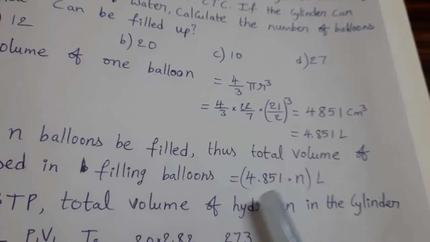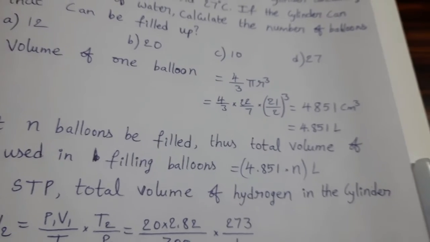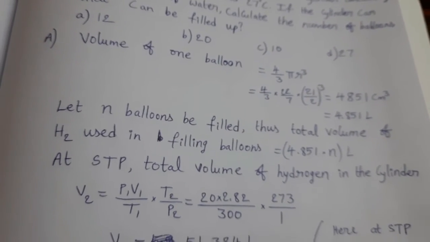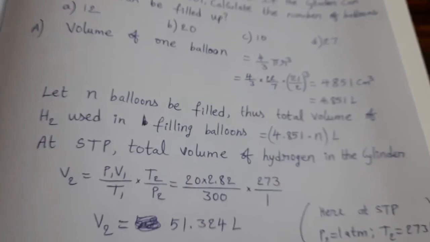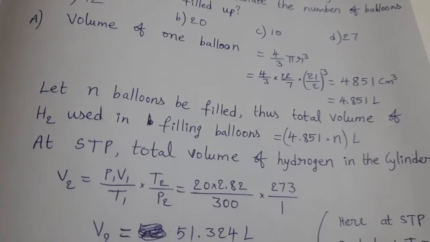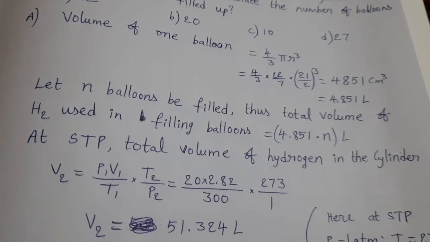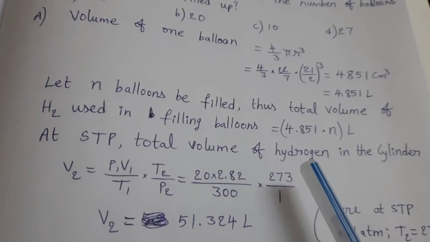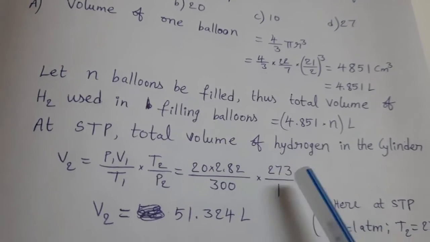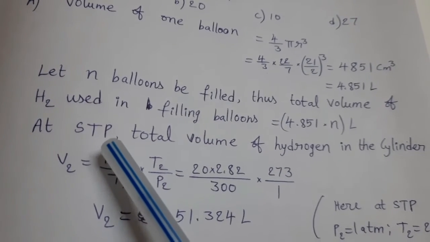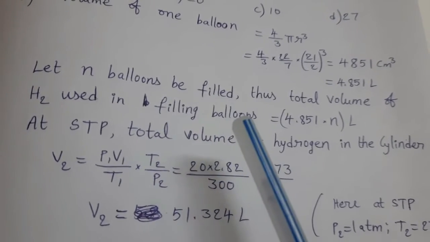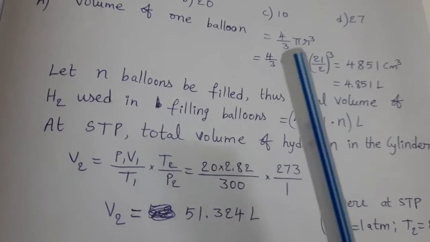So by multiplying this, we can get total volume of hydrogen filled in balloons. Okay, next, see this. At STP, total volume of hydrogen in the cylinder. When hydrogen is filling in the balloon at STP condition, at STP condition only we can fill the hydrogen into the balloon according to this question.